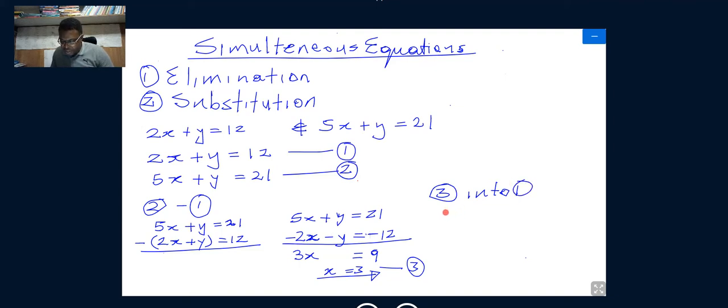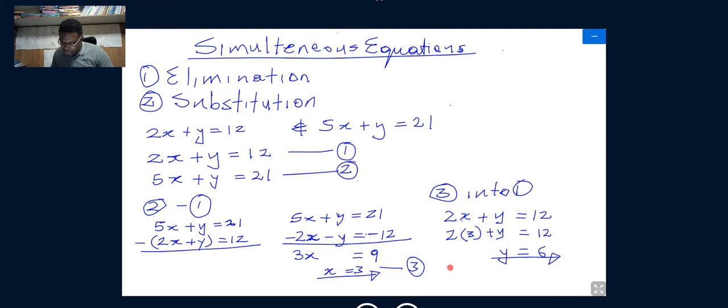Alright, we have 2x plus y equals 12. Then we substitute 3: 2 times 3 plus y equals 12. So y is equal to 6.